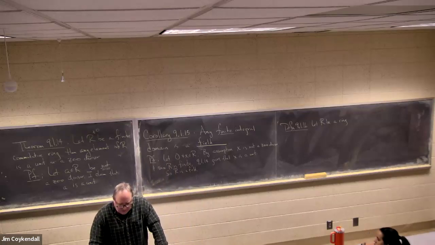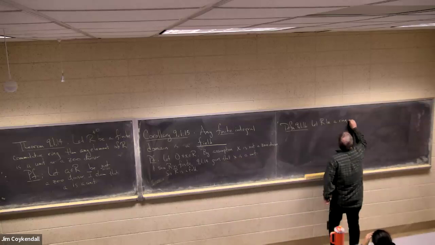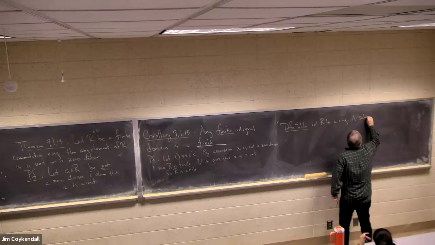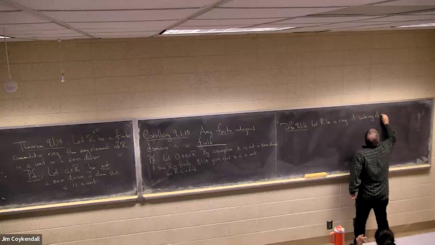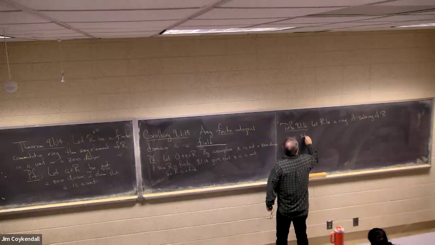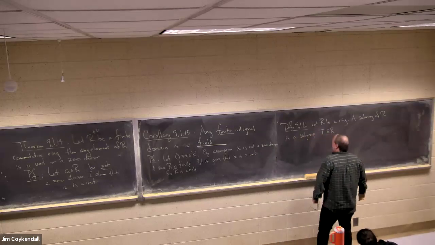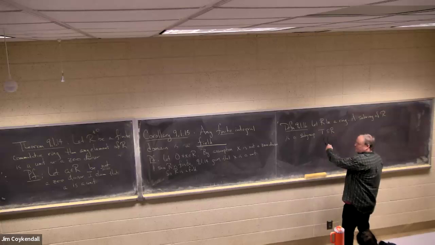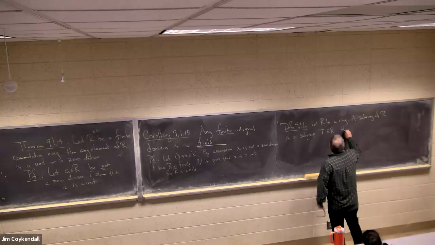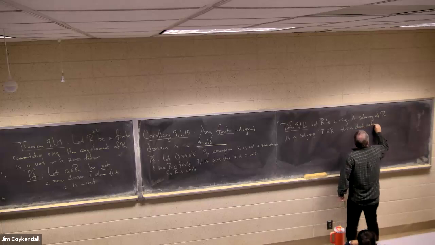A subring of R is a subgroup of the additive group of R that is closed under multiplication.